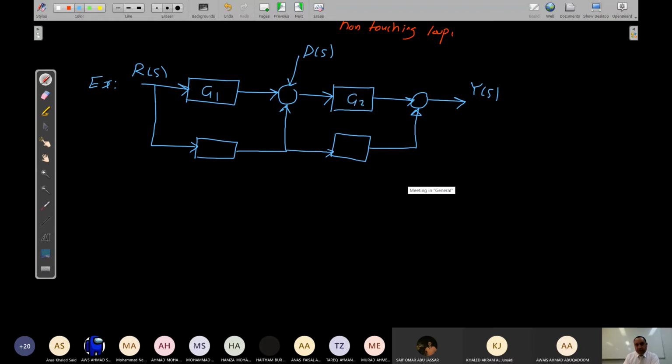Let's assume this is G2. This is G3, and this is G4. And I need to find Y of S. So find Y of S equal to what? Who can help me with that?